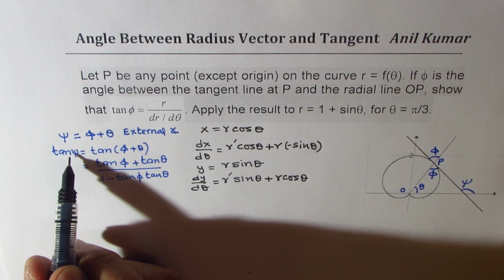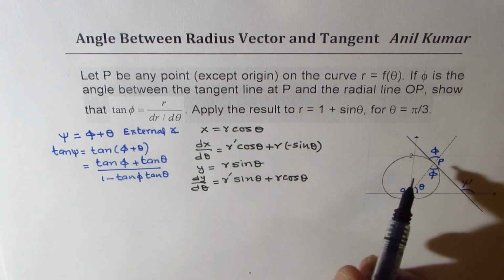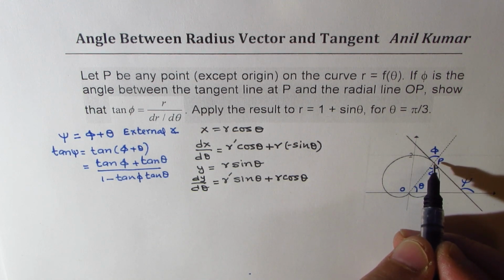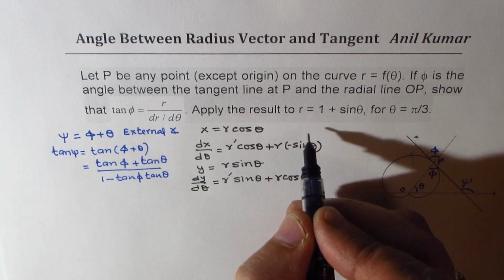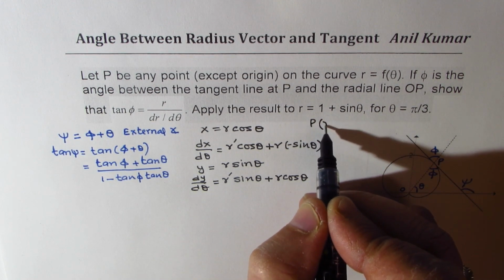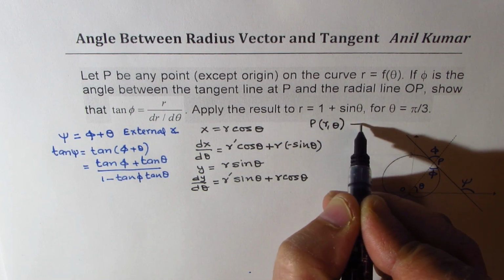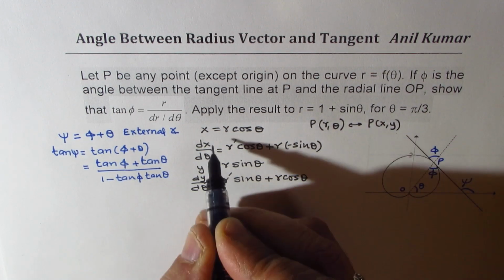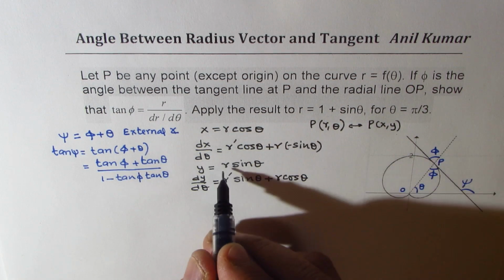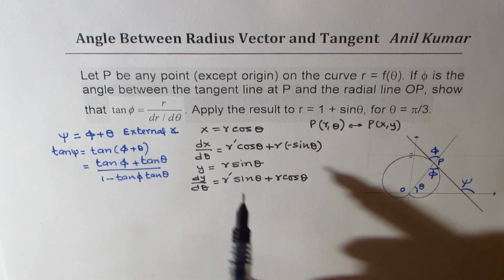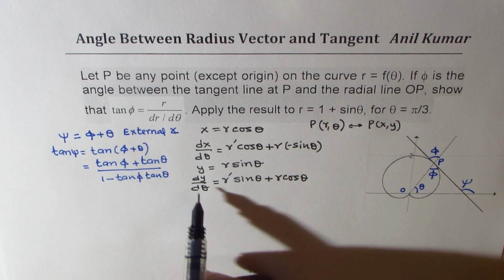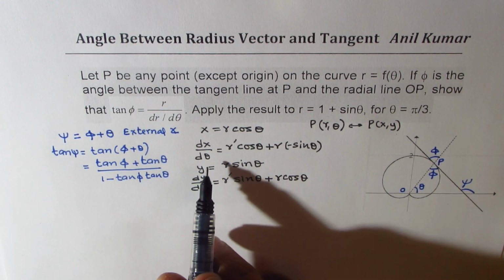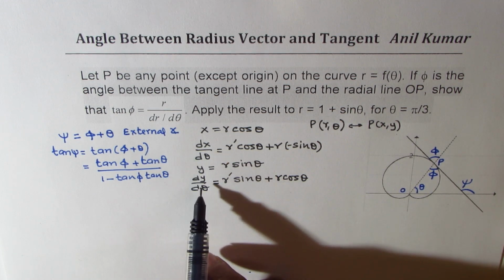Now tan psi is basically the derivative of the tangent line. So at any point P, which is given as r theta in polar coordinates, can also be written as x and y, where x and y are r cos theta and r sin theta. And the slope of the tangent at any point P can be derived as dy by dx or as tan psi.